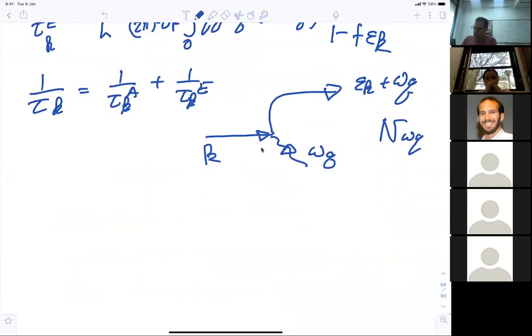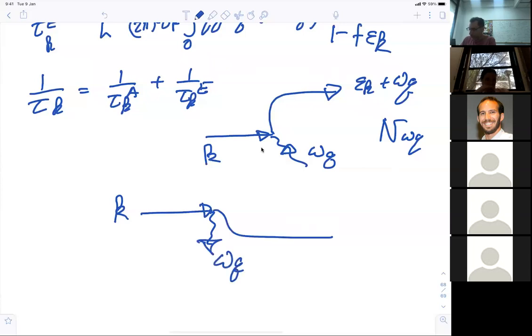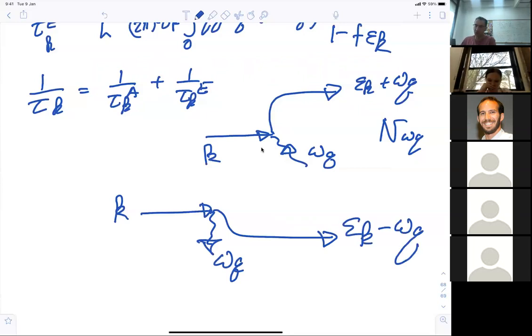And another process, you have an electron at the state k. The electron emits a phonon at frequency omega q. It goes down in energy. So its energy is now epsilon k minus omega q. This process does not require a pre-existent phonon in the system.